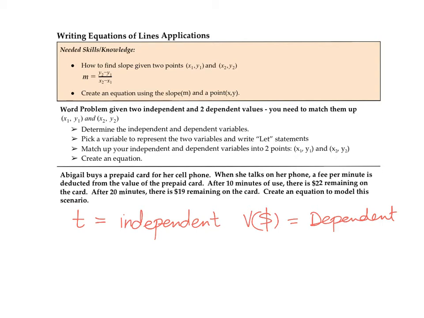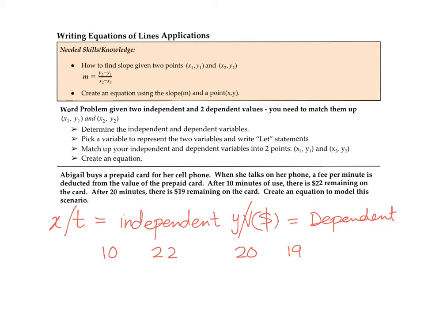So now we have four pieces of information. We have 10 minutes, $22, and then we have 20 minutes and $19. So now, since we have time as the independent variable, time will be your x value, and value is going to be the y value, so value on the card.